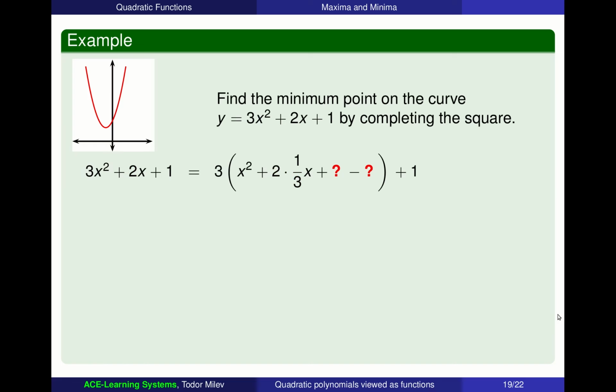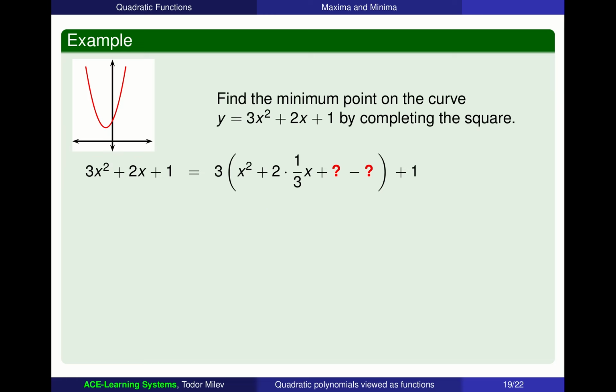So now, what do I add and subtract so as to make this into a perfect square? I'm trying to complete the square. So what do I add and what do I subtract so as to make this expression here into a perfect square? How should I select the question mark so as to make that a square? I'm sure you guessed it correctly.